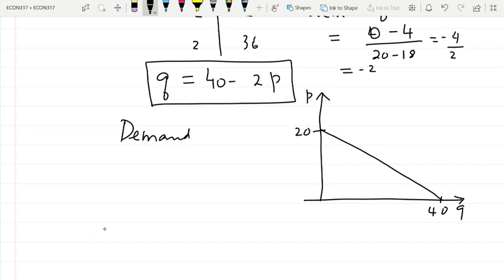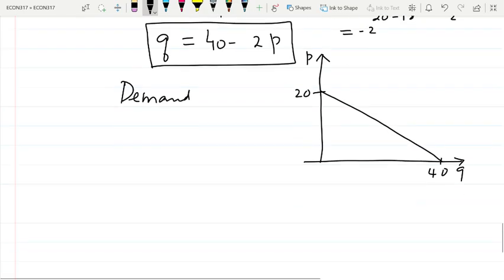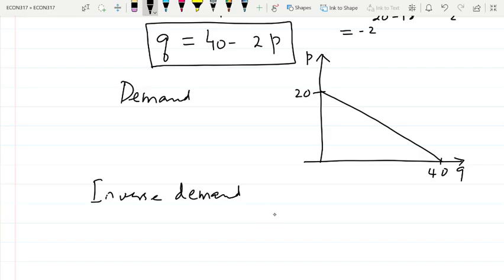Now I can also find out the inverse demand, which is what has been drawn in this graph. So inverse demand, I have Q equal to 40 minus 2P.